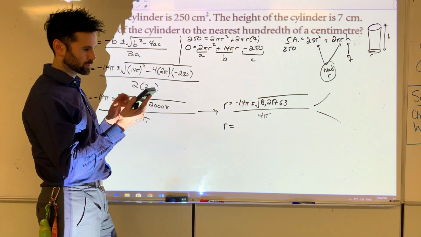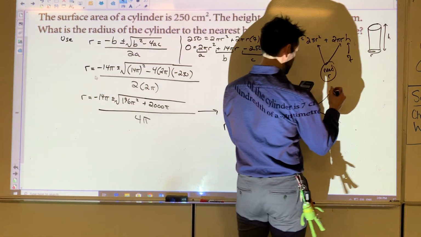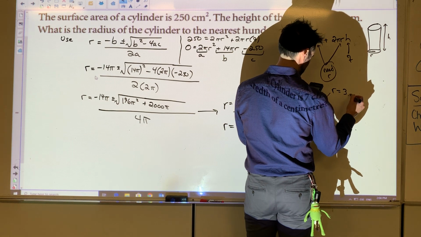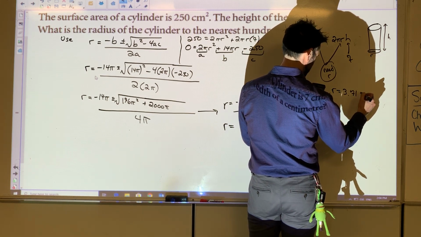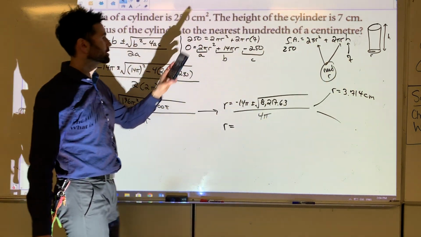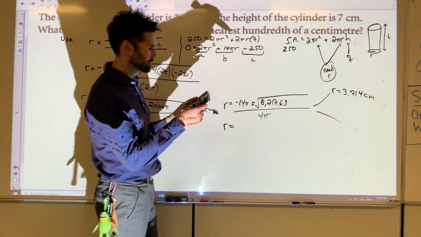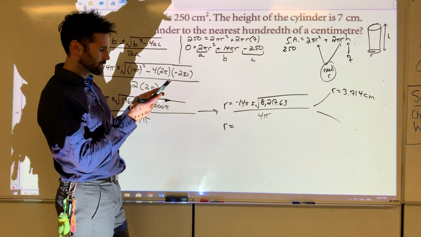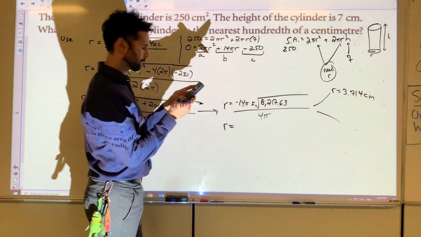Okay, moment of truth. So I got R equals 3.714, and I guess it would be centimeters, because that was the question. Okay, so check that one, and then I'll do the other one as well.